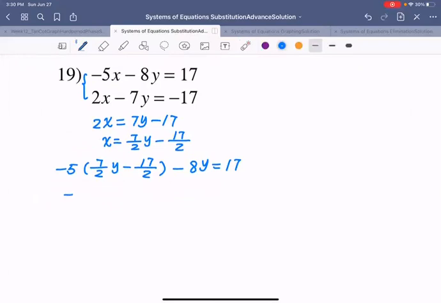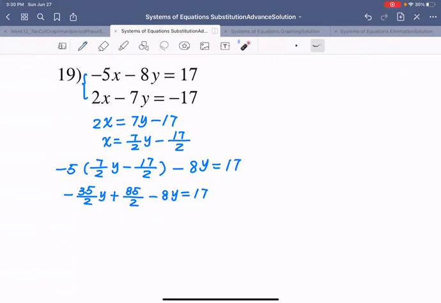Then you would multiply, so it'd be negative 35 over 2y plus 85 over 2 minus 8y equals... Okay, continue. Then you would subtract 8y from negative 35 over 2y.